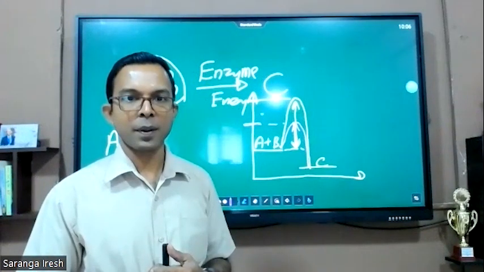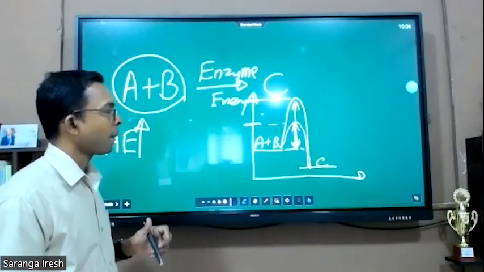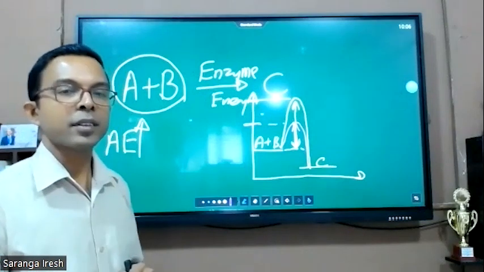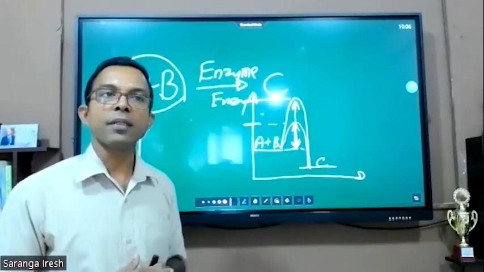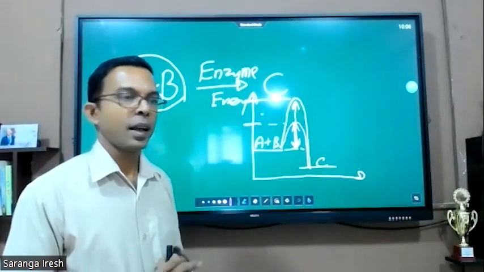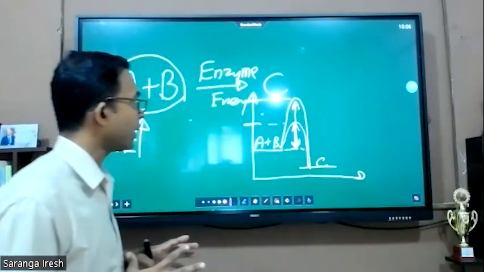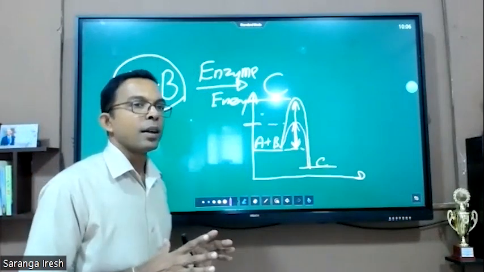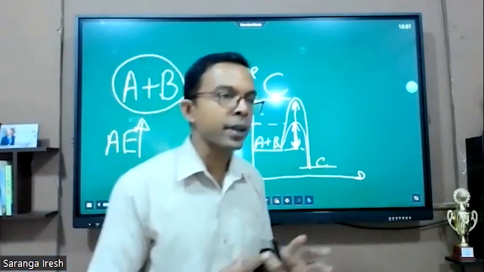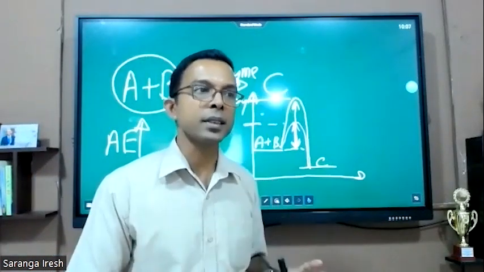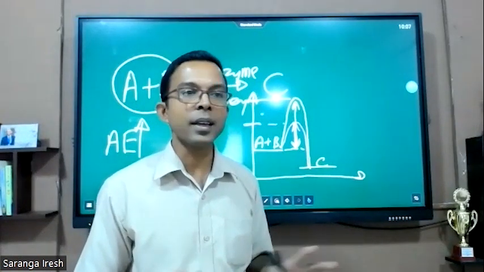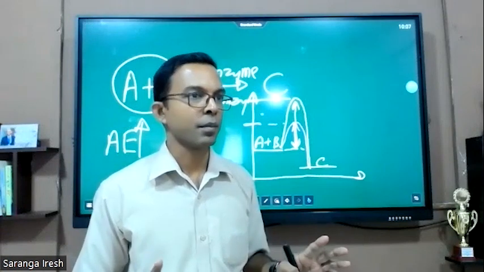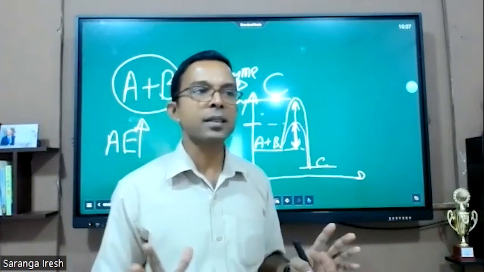Therefore, the reactions inside the body are happening very efficiently and effectively. And another thing is, enzymes are involved to reduce the activation energy, but they are not changing their structure. Nothing happens to the enzyme.